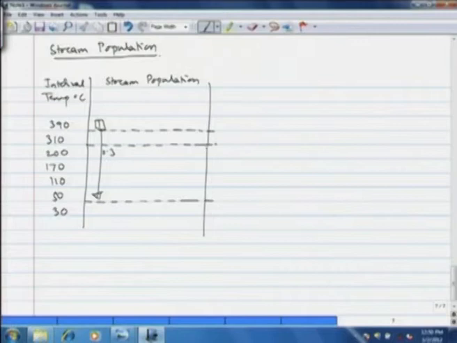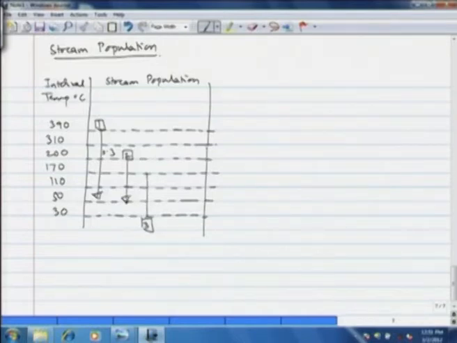the second stream goes from 200 to 50. The third stream goes from 30 degrees to 170, and the fourth stream goes from 110 to 310.